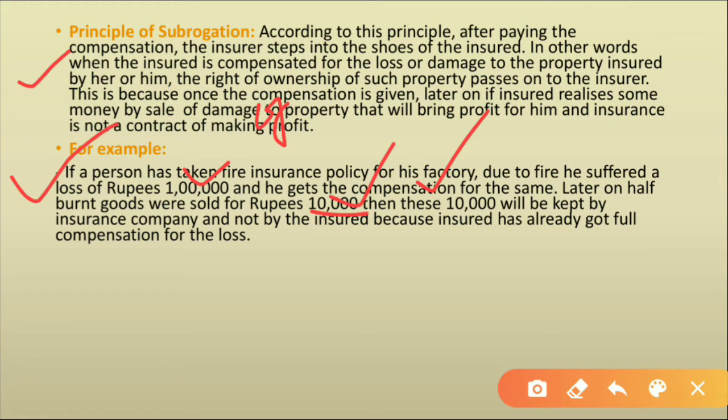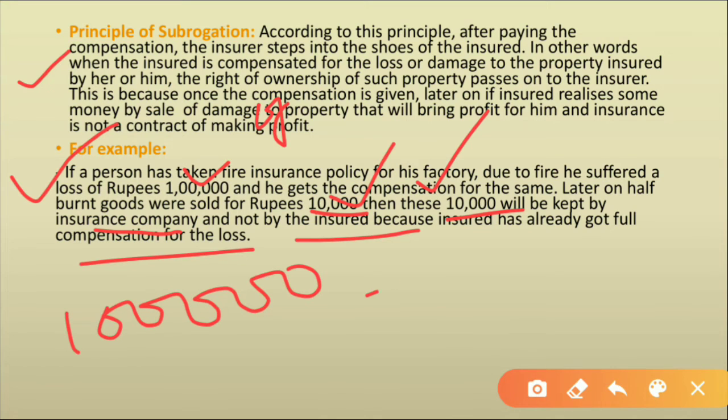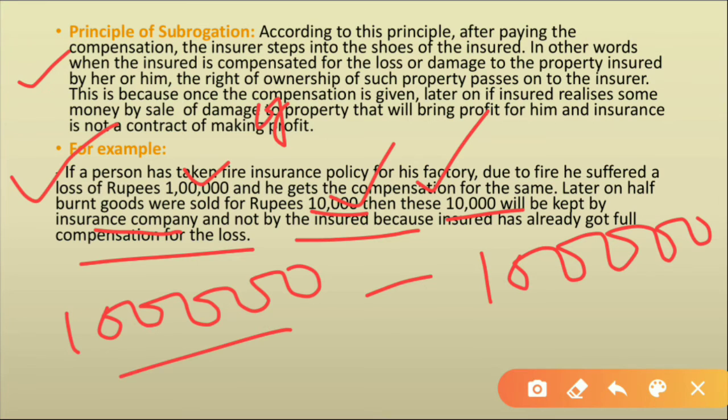Then this 10,000 will be kept by the insurance company and not by the insured, because the insured has already got full compensation. समझ में आया? सी, अगर उनको 1 लाख का लॉस हुआ है तो 1 लाख तो कंपनी वालों ने उनको पे कर दिया, तो ख़त्म हो गया.